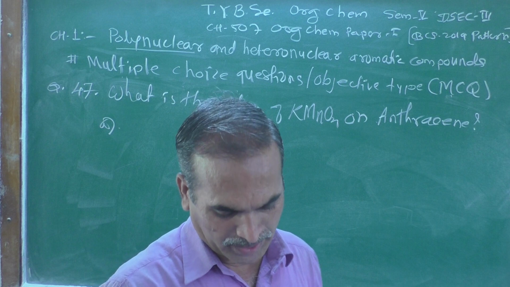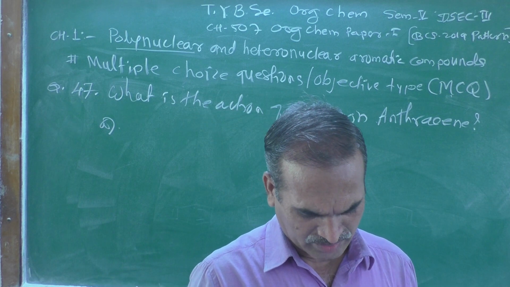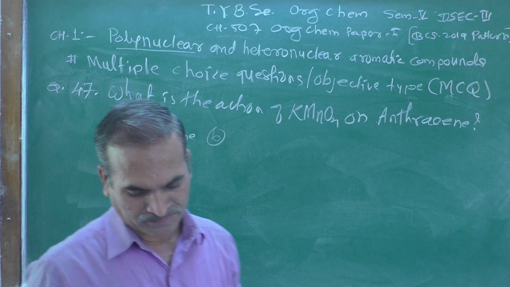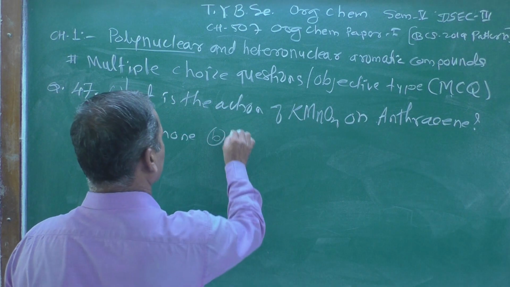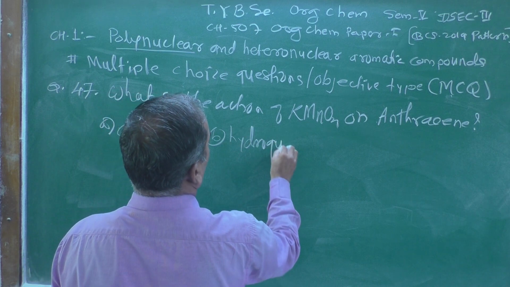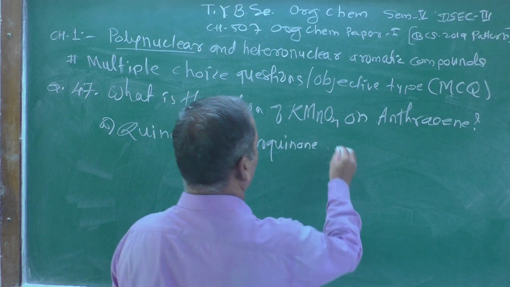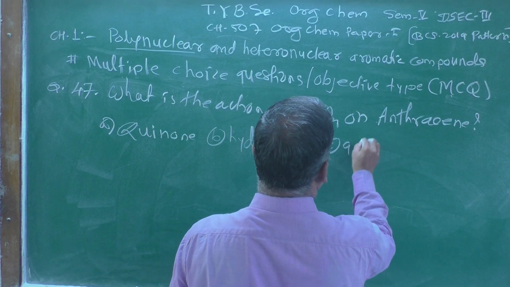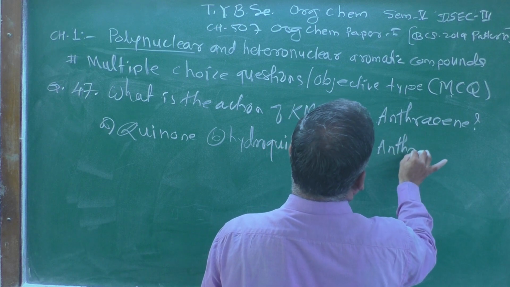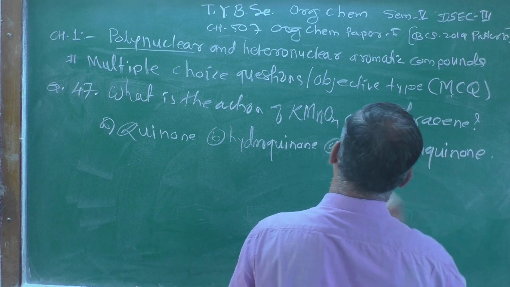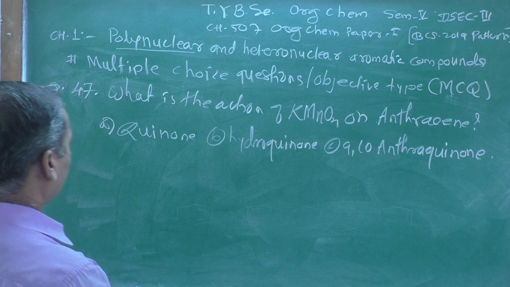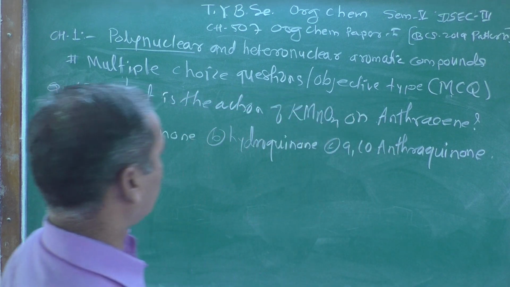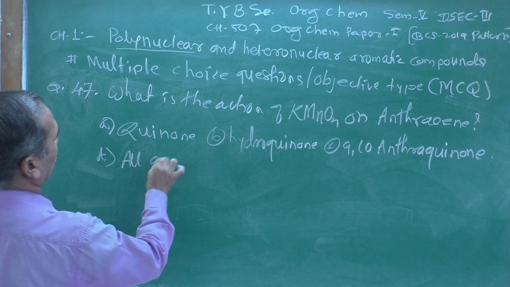A would be quinone, B would be hydroquinone, and C would be 9,10-anthraquinone, and D would be all of these.